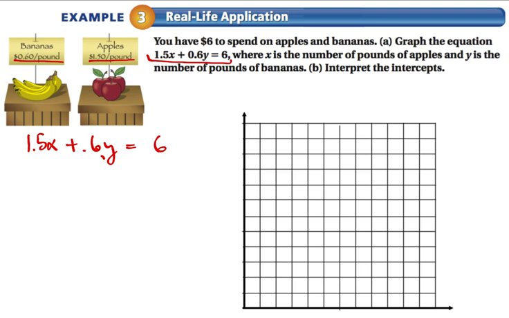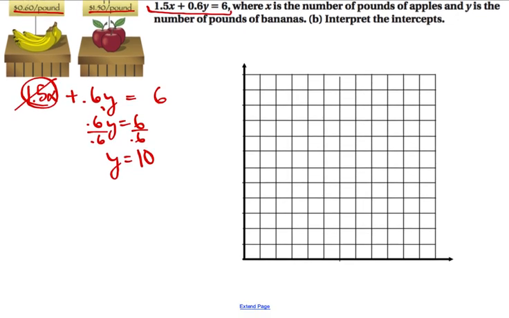Okay, so let's graph using the intercepts. First, if we make x 0, that's gone. And we get 0.6y equals 6. Divide by the 0.6. And we get y equals 10. So I have a y-intercept of 10. Which, by the way, y is pounds of banana.